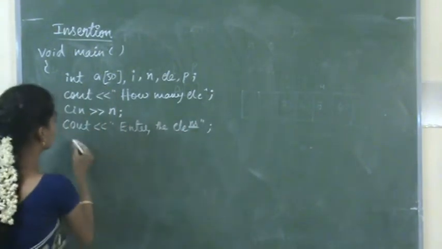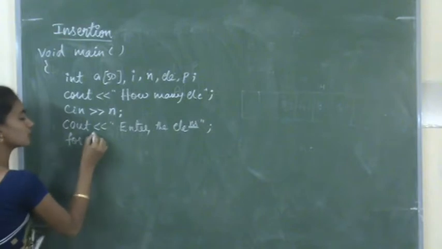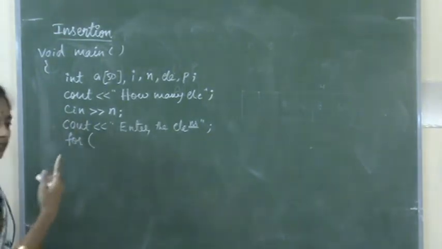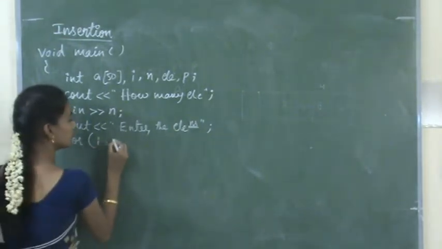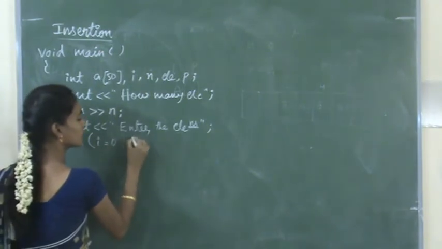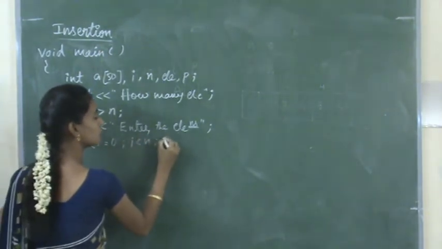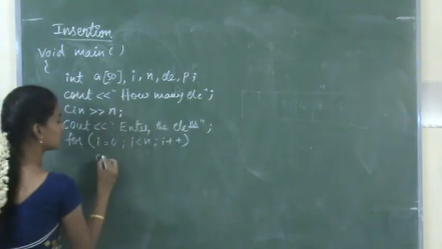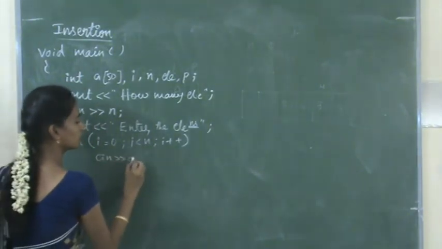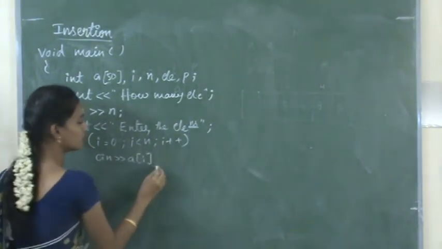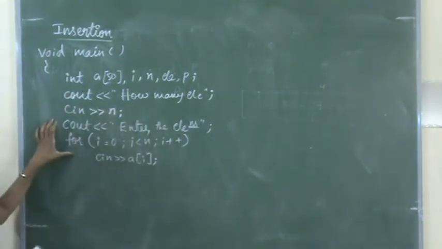If you want to insert elements into an array, we have to use a for loop, that is I is equal to 0, I less than n, I plus plus, and read into A of I. So this is the code we use to read the elements into an array.